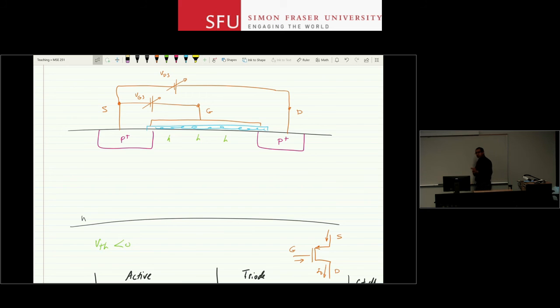Very important both in analog and digital electronics. We'll see that these two devices, if you have access to both of them, can make your life much easier. And this CMOS is the technology of choice nowadays in electronics, especially in digital electronics. So when you hear about CMOS technologies, that's what they are.